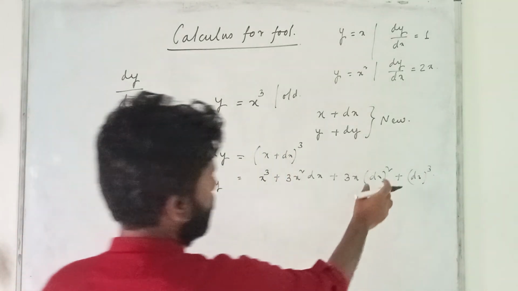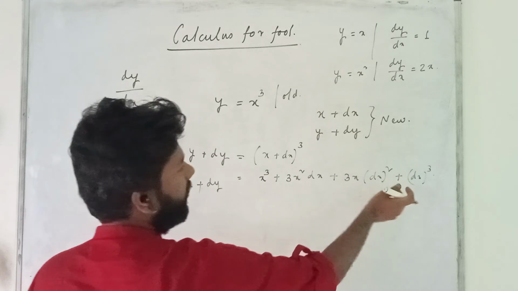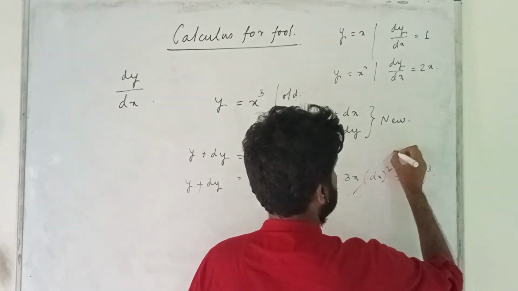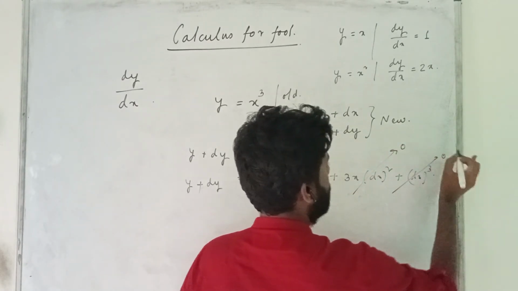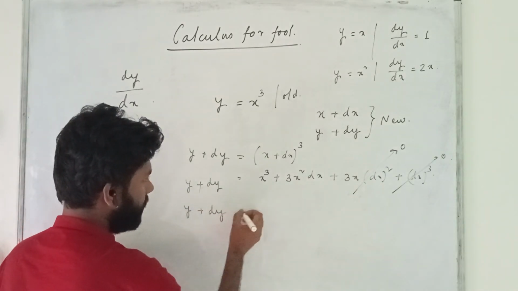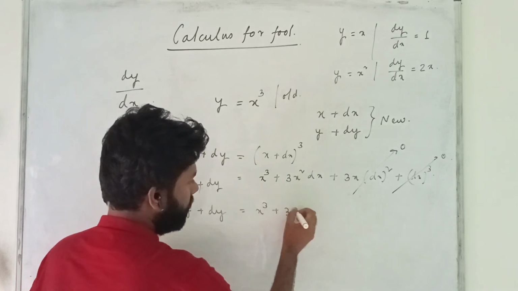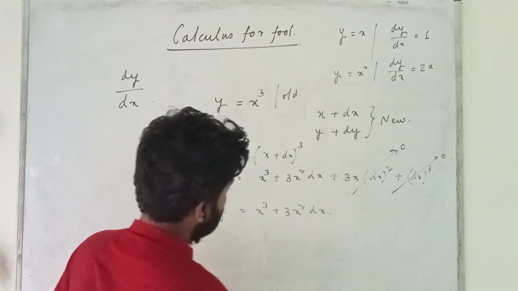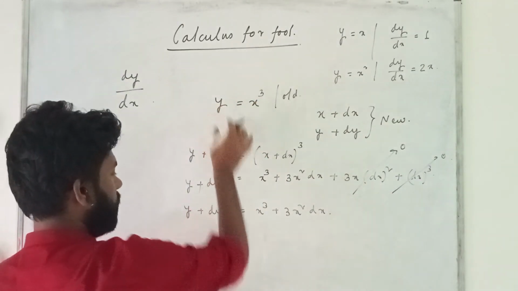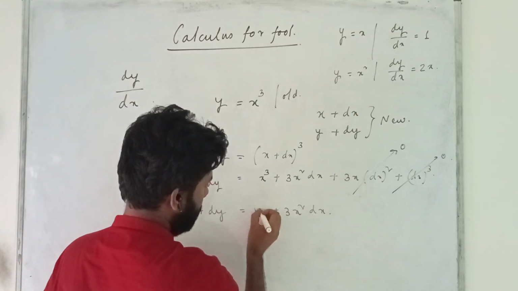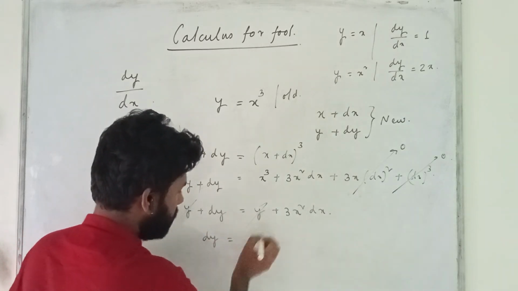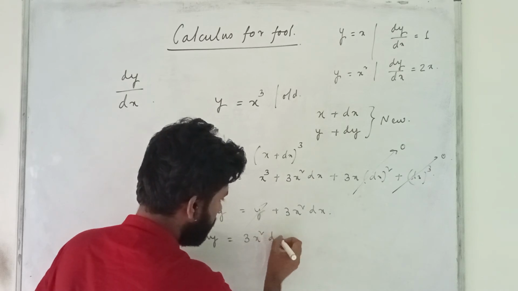And obviously dx squared is very small in comparison with dx, and dx cube is even smaller. So these two you can cancel out. Now you are left with the equation y plus dy equals x cube plus 3x squared dx, right? What is x cube here? From our old relationship, x cube means y. Just put y here, and y cancels out. So you are left with the equation dy equals 3x squared dx, right?